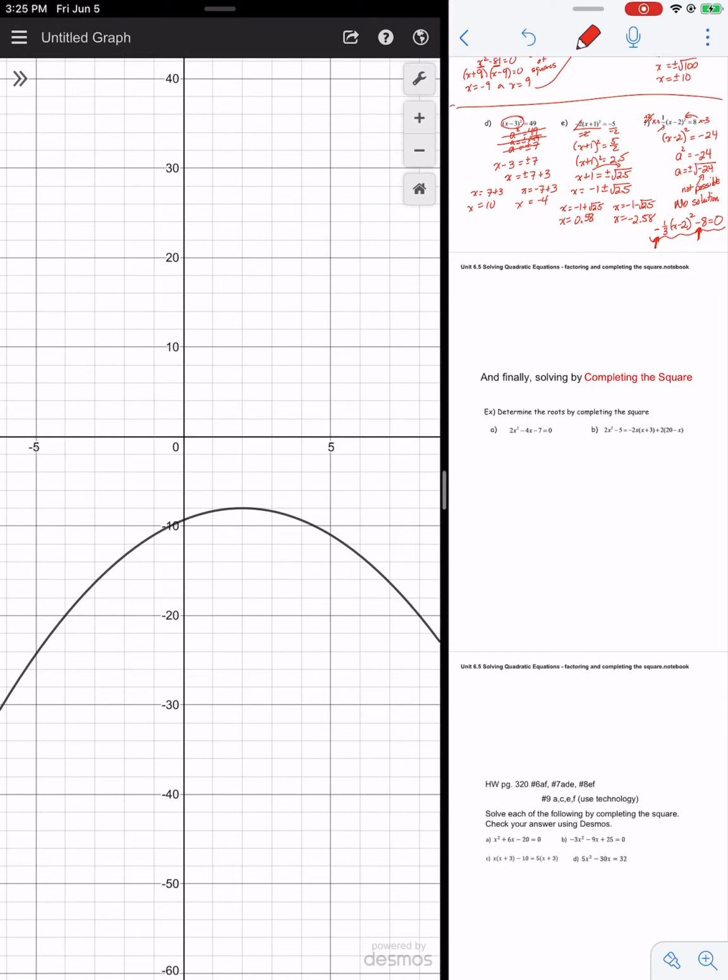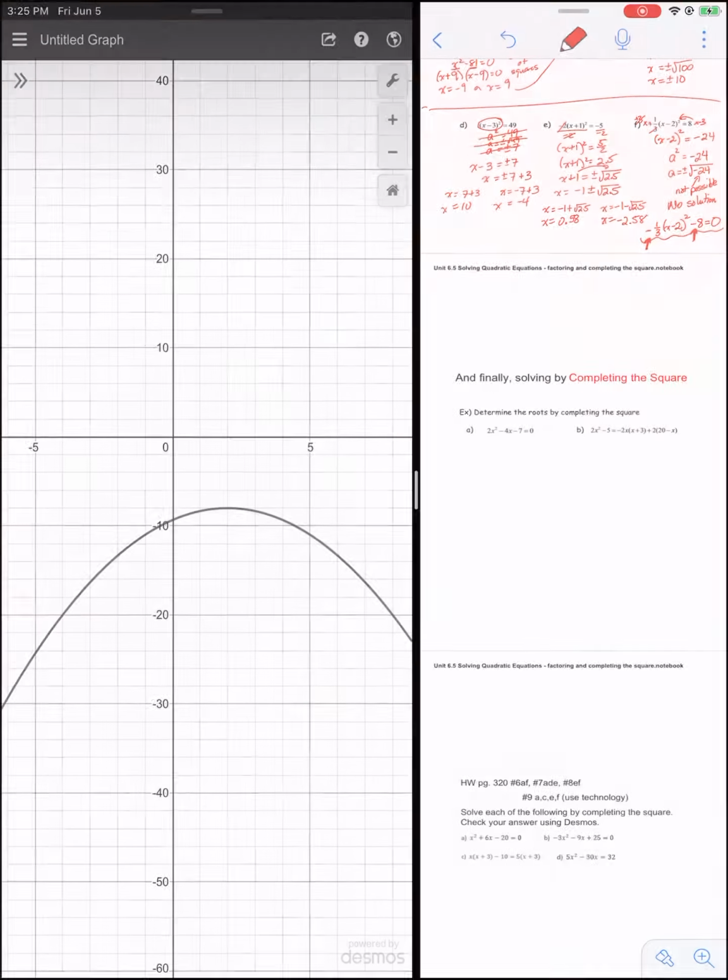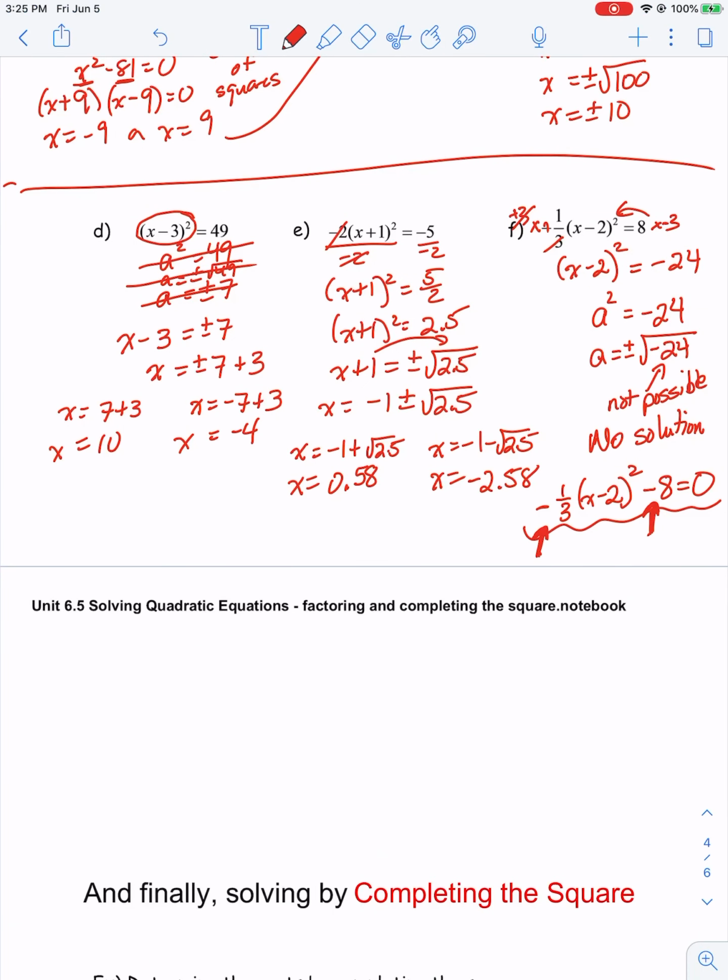It has no x-intercepts. So if that parabola has no x-intercepts, when you make the equation equal 0, the resulting or related parabola is not going to cross the x-axis, so there are no solutions to it. So here's a situation where sometimes there is no solution to an equation.